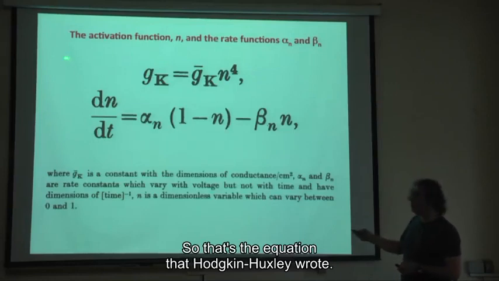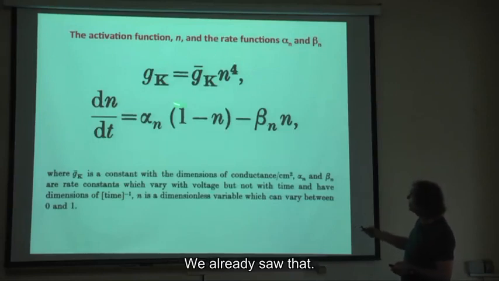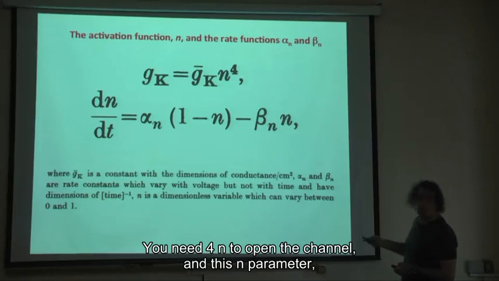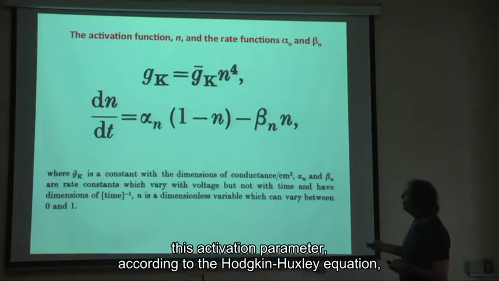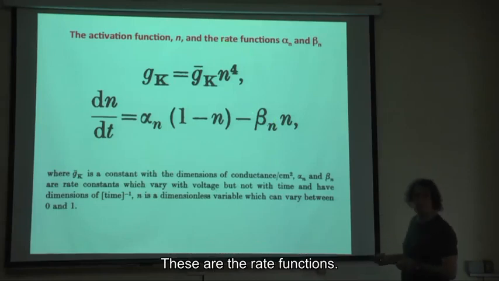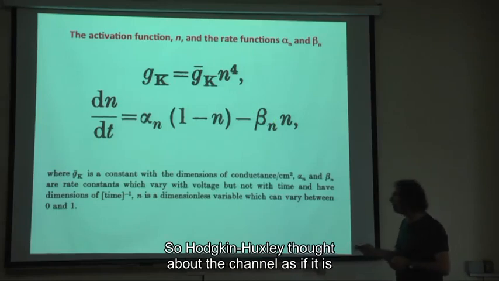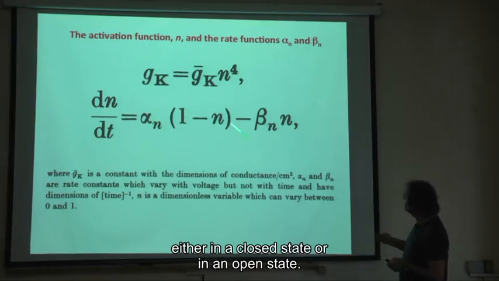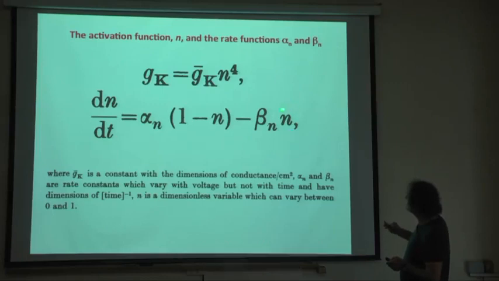So that's the equation that Hodgkin-Huxley wrote. We already saw that. You need n to the power of 4 to open the channel. And this n parameter, this activation parameter, according to the Hodgkin-Huxley equation, relies on another parameter, this alpha n and this beta n. These are the rate functions. So Hodgkin-Huxley thought about the channel as if it is either in a closed state or in an open state.